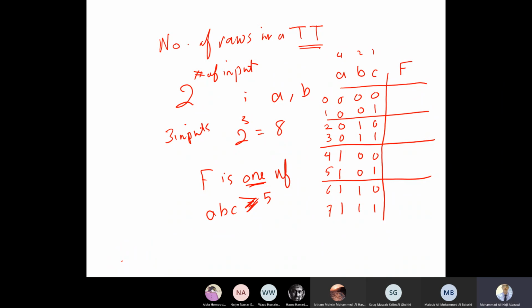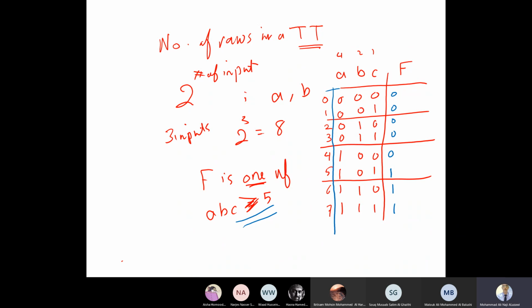Try to isolate this so you will not mix them. If it's greater than or equal to 5, then this one is equal to 5, so 1, this is 1, and this is 1. All other cases are zeros. Okay?